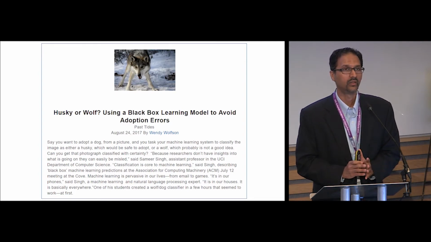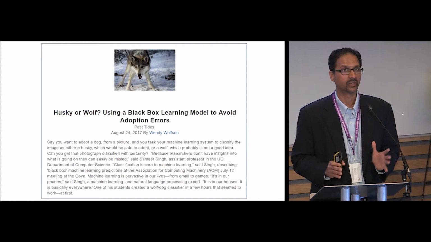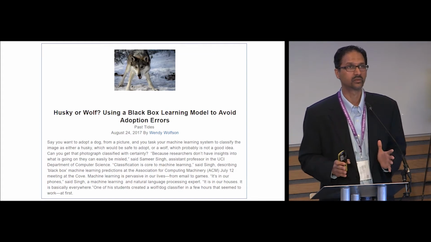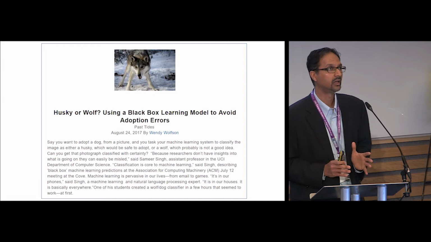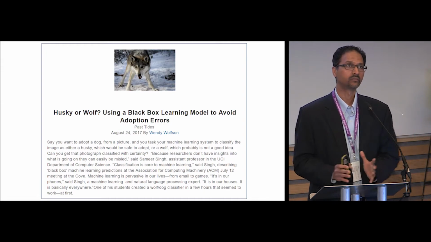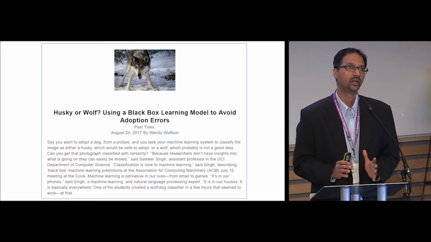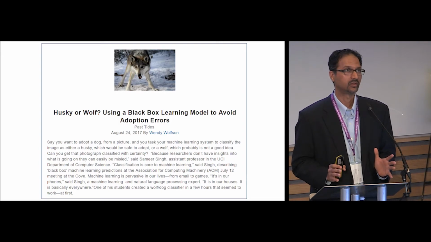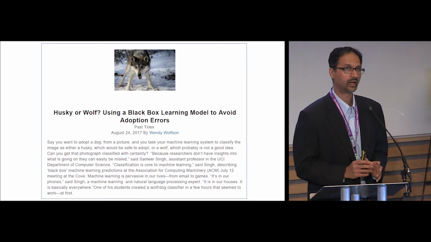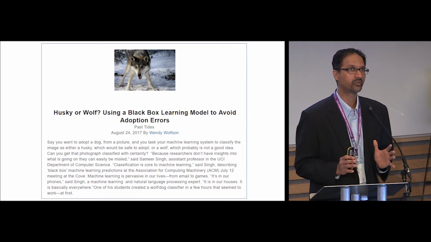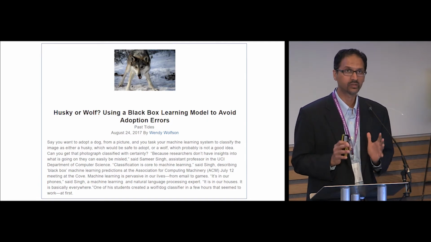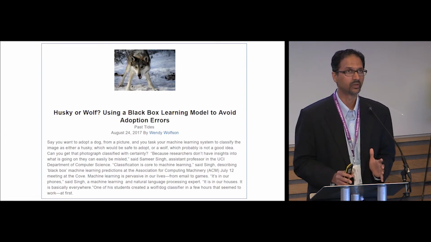That's a tough problem because wolves and huskies look very similar to each other. So he and a student trained up a network to distinguish these two animals from each other. And when they applied it to an independent set of cases, they got a 99% accuracy. Now, thankfully, Samir realized that there was something off here. The network couldn't be doing that well because this is a difficult, challenging problem.